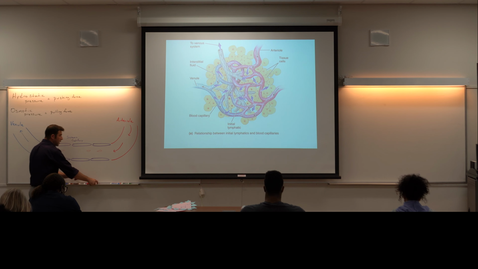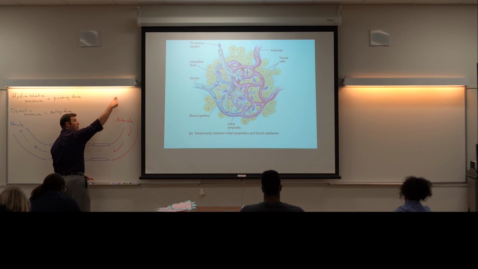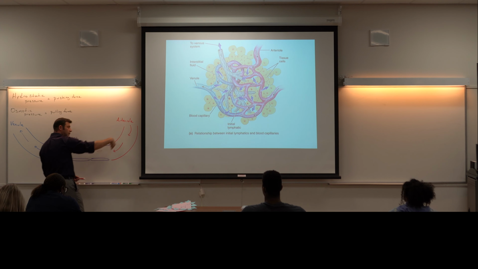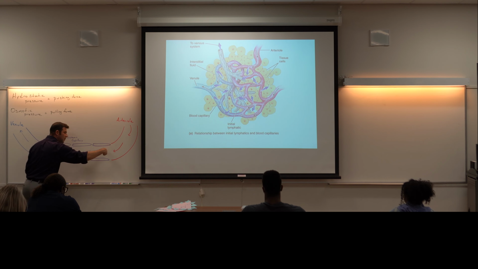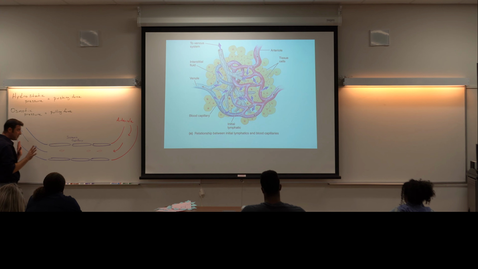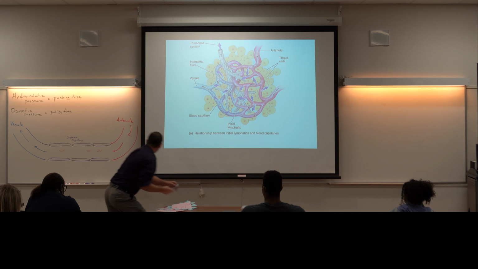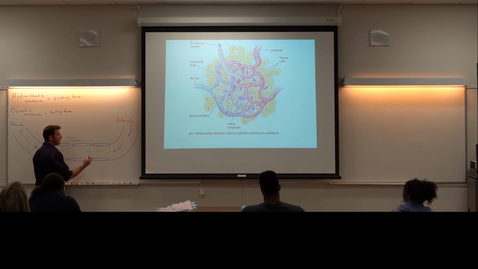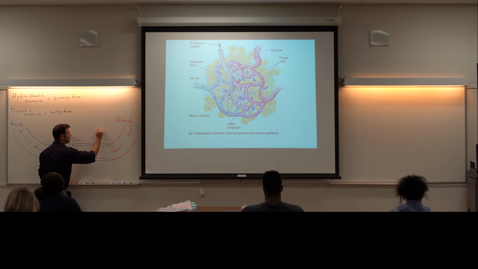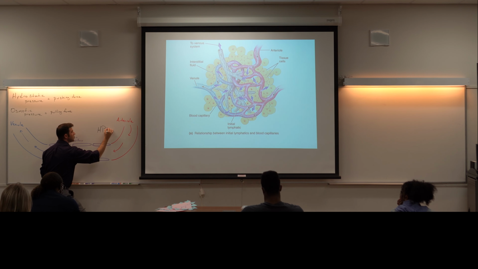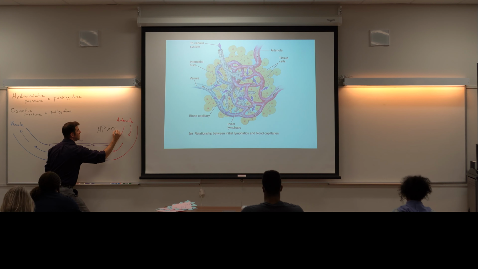I didn't draw it over here, but we know that on the arterial end, there's a heart that's forcing blood down this vessel, so there's already this pushing force. Maybe the first thing we can draw on here is that at the arterial end, the hydrostatic pressure is going to be much larger than osmotic pressure.